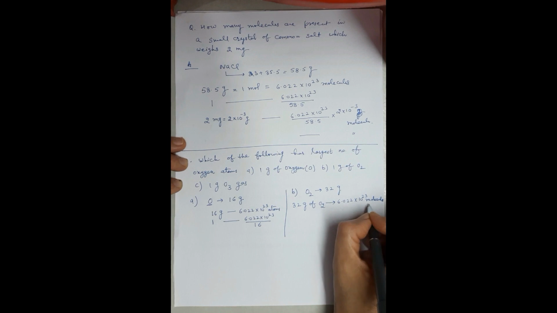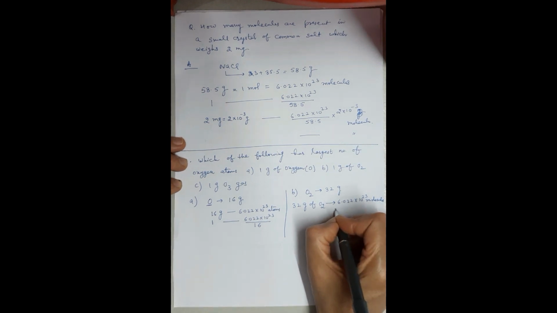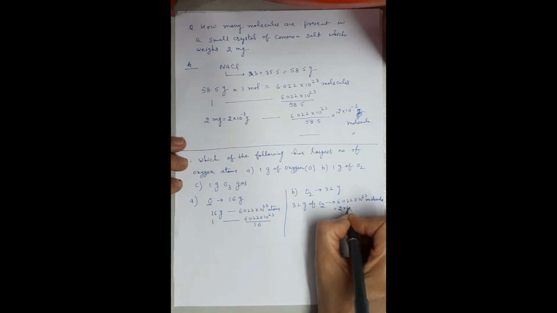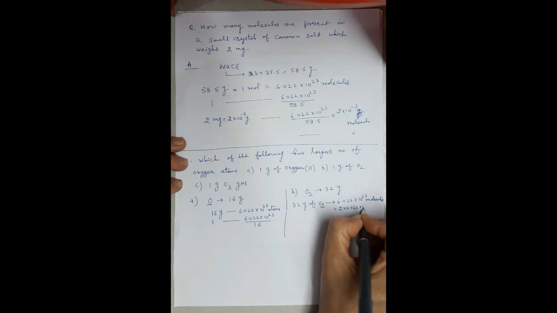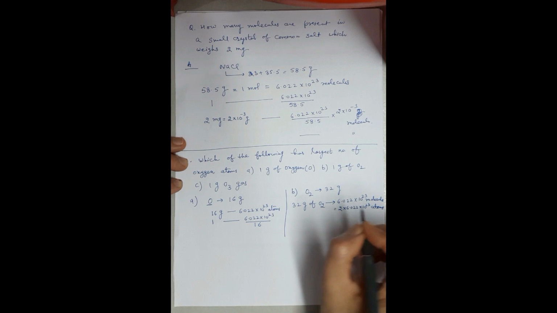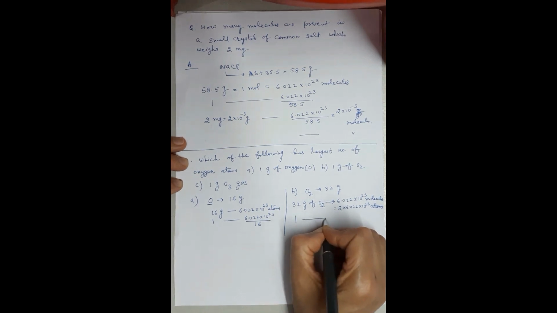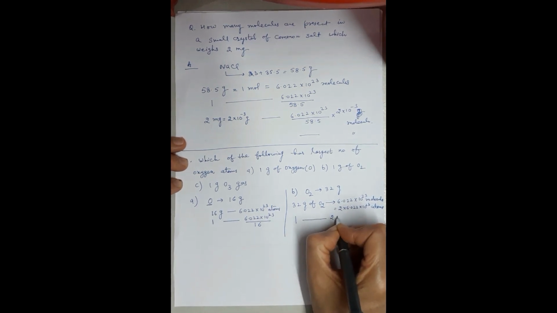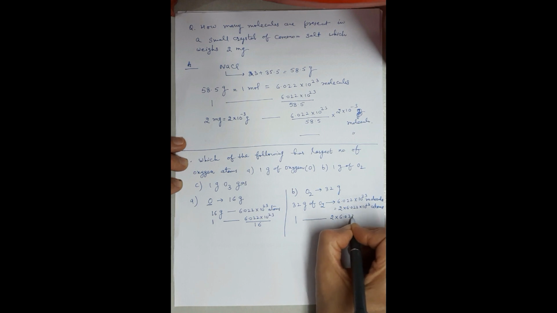But how many atoms are there? Atoms will be 2 × 6.022 × 10^23 atoms. And in 1 gram, how many will be there? It will be 2 × 6.022 × 10^23 divided by 32.